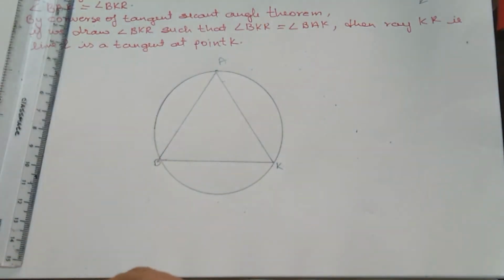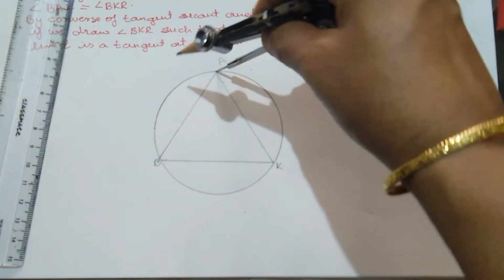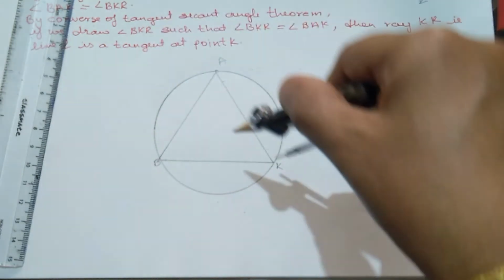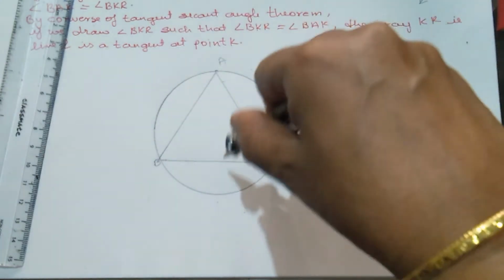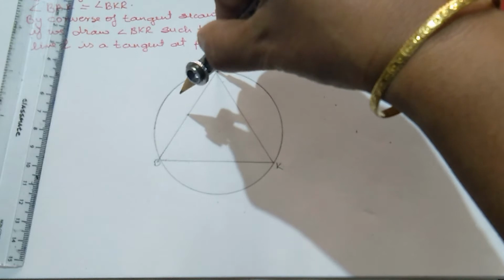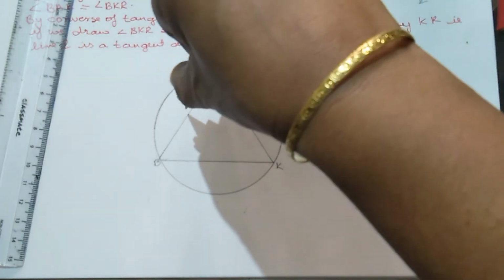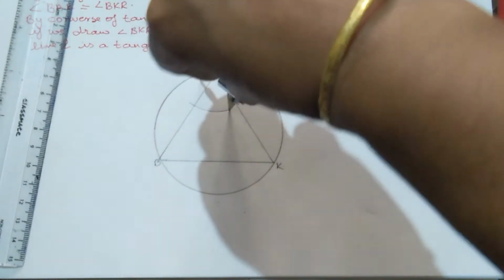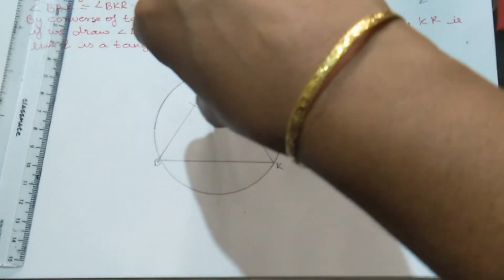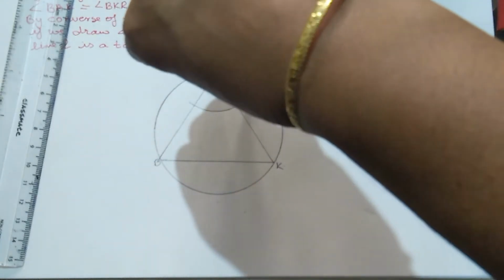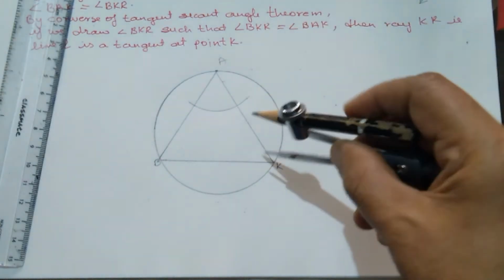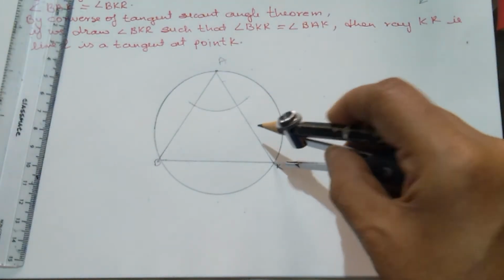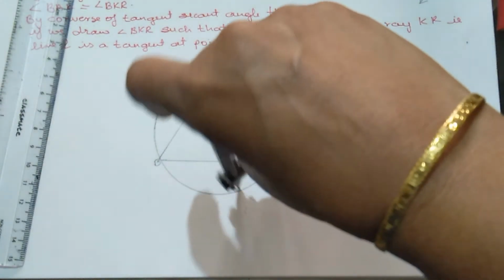After drawing the triangle, we have to measure this angle. Of the same measurement angle we have to take over here also. So with the help of any measurement, draw an arc over here. With the same measurement, keep it on the point K and draw an arc.